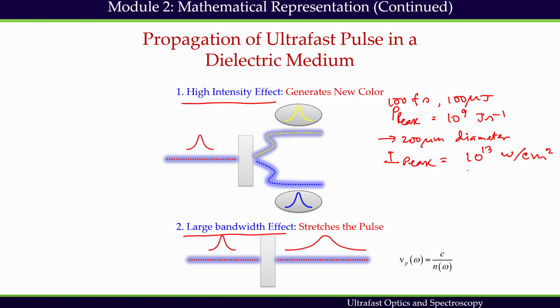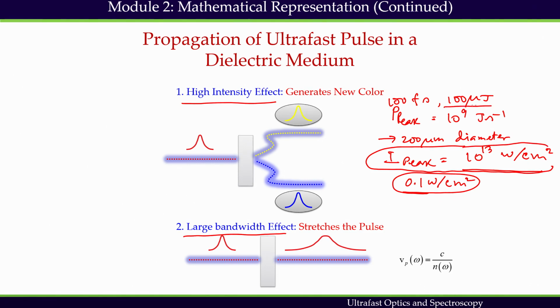If we consider sunlight peak intensity on the brightest day, it is going to be less than 0.1 watt per centimeter square. So we can compare sunlight peak intensity and the peak intensity one can achieve from an ultrafast pulse with a moderate energy.